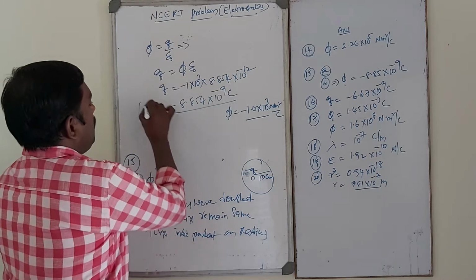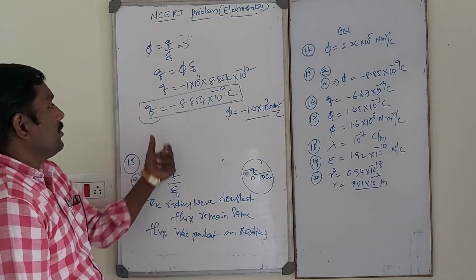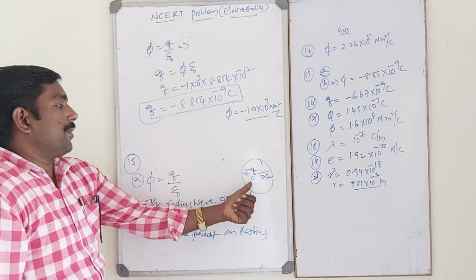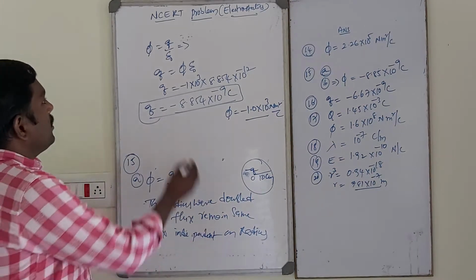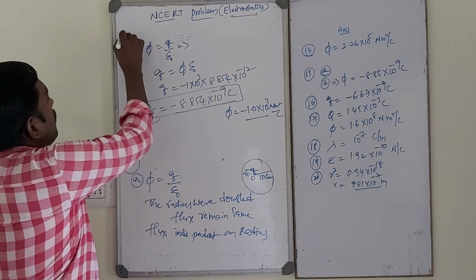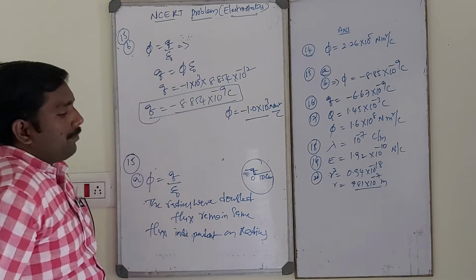This is the charge, a negative charge placed at the center of the Gaussian surface. This is 15A, this is 15B.